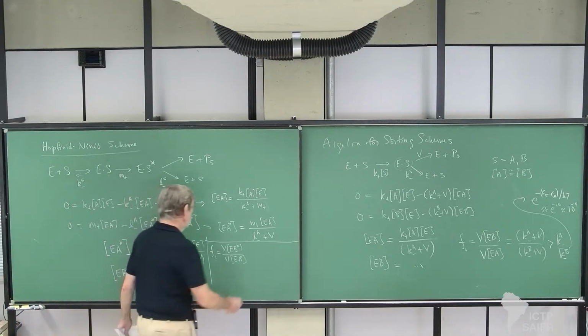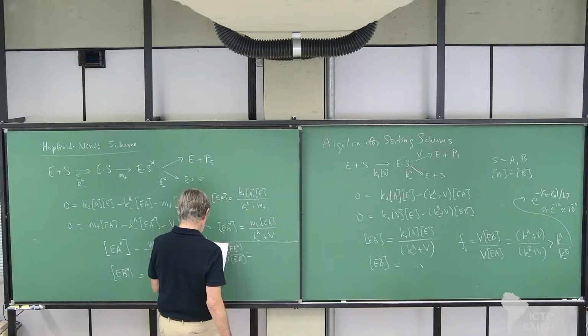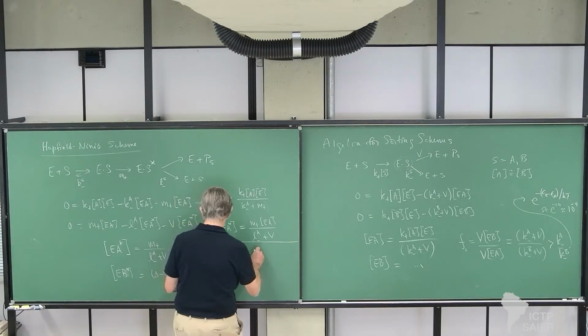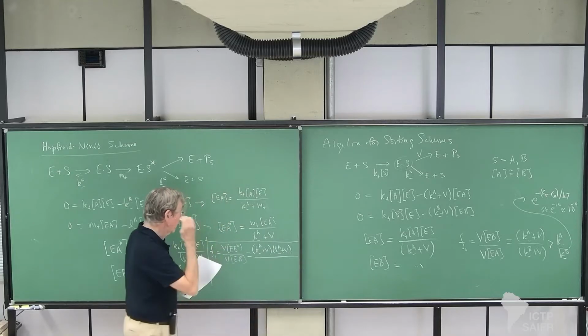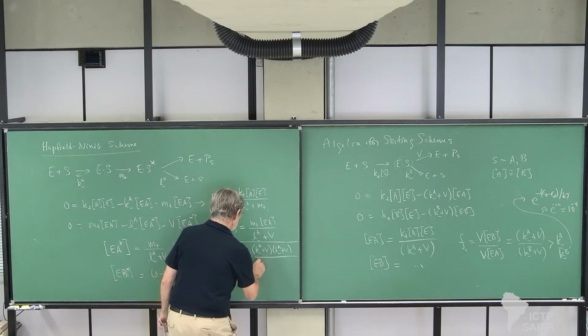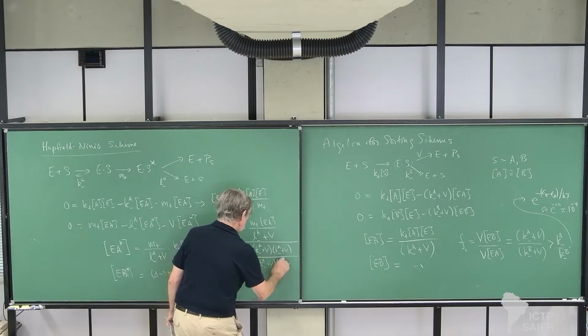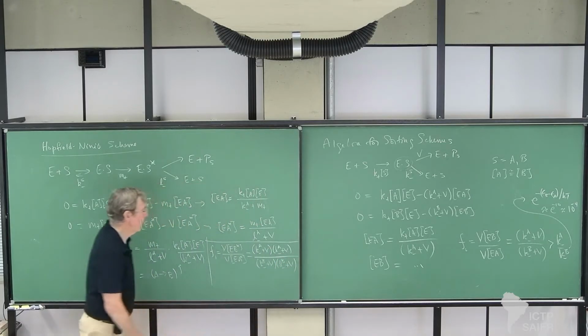So this ratio finally is going to look very simple. It is going to be K minus A plus V, and he always comes with a factor arising from the second state of the bound complex, L minus A plus V, divided by K minus B plus V, L minus B plus V. Okay?